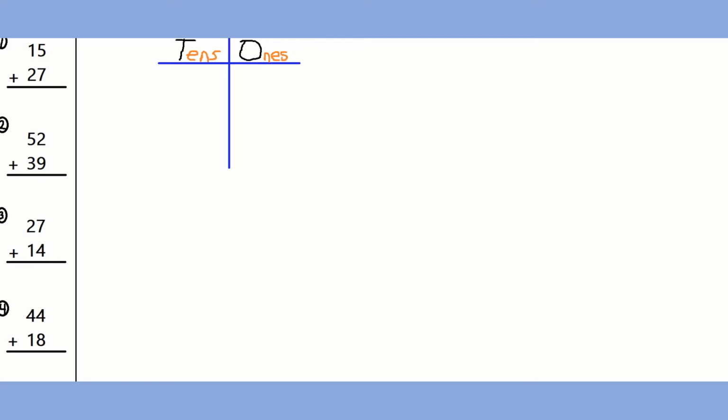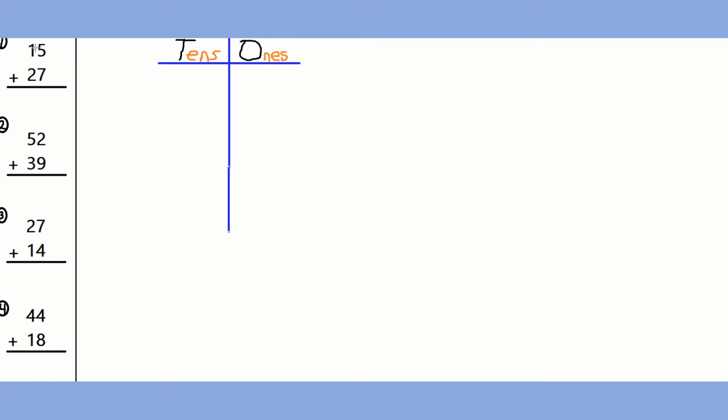But if you want, on your paper, you can just draw the line down, a line across, and you can just write the letter T and the letter O. And you want to make sure that your line comes down here, just in case you need that space. You don't need much space at the top because you're just going to write T and O, but you want space down here.